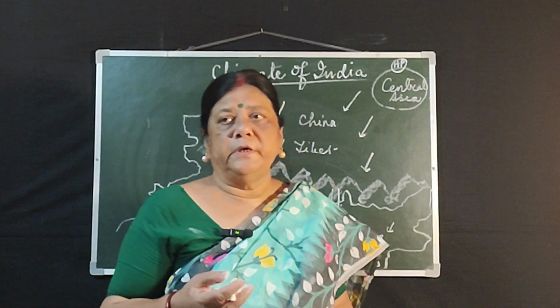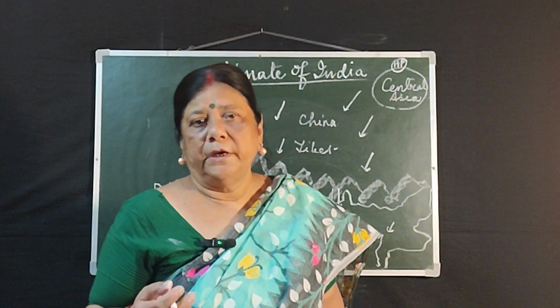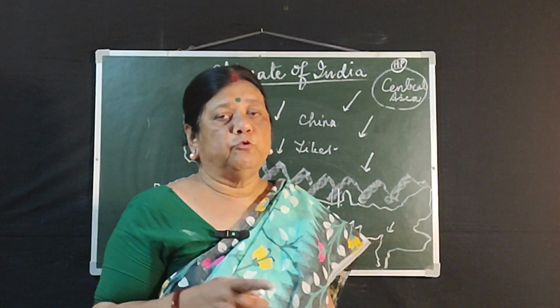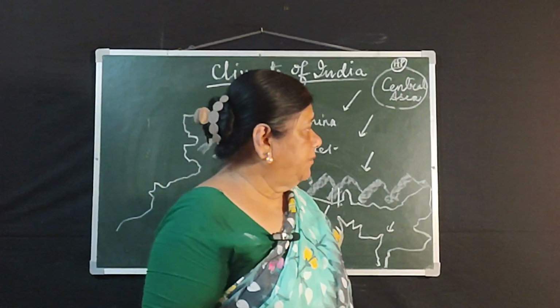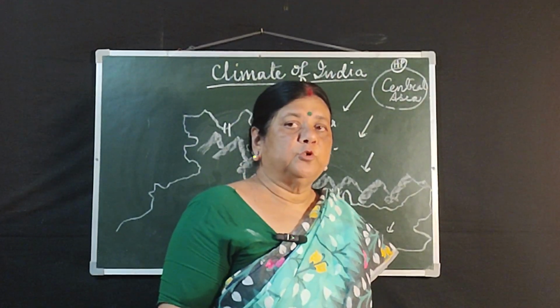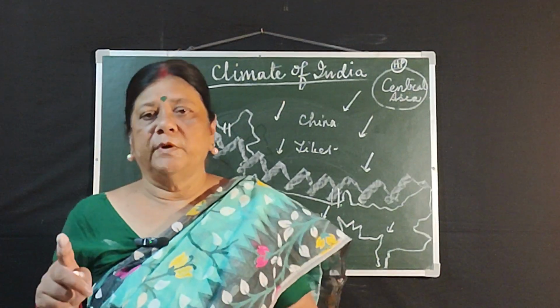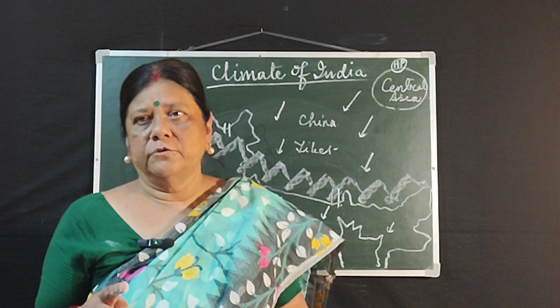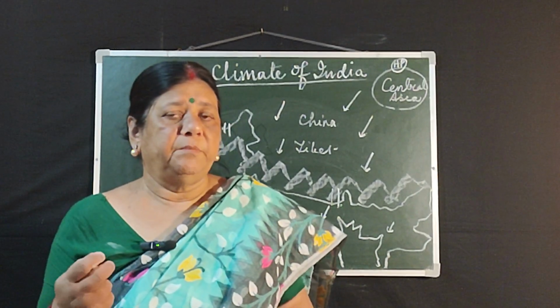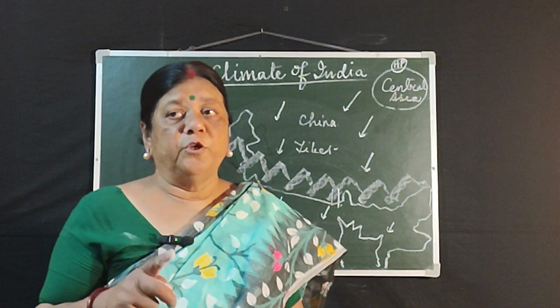Now which part of India gets rainfall? That is the east coastal plain, which gets rainfall by the northeast monsoon winds. Why? Because on the Bay of Bengal there is one low pressure area. So the winds will enter the Bay of Bengal and pick up moisture from there.